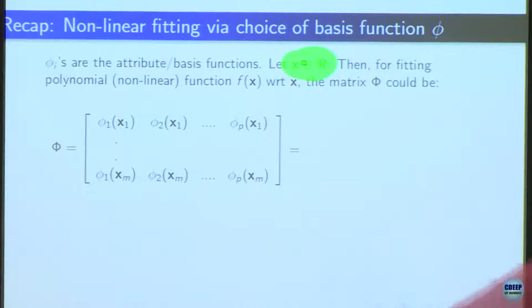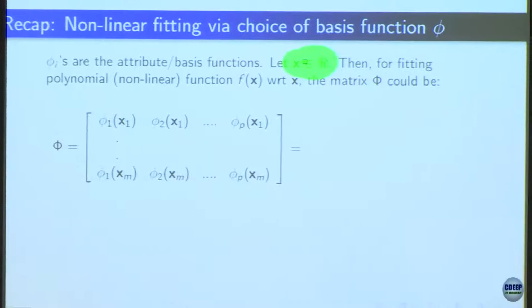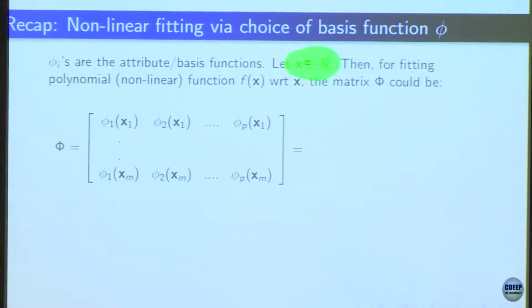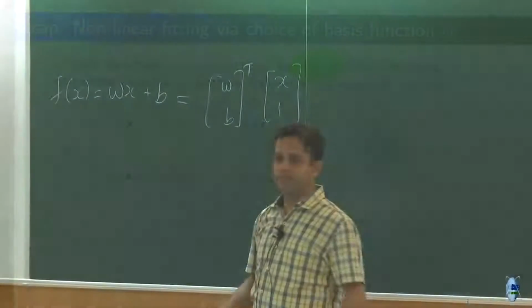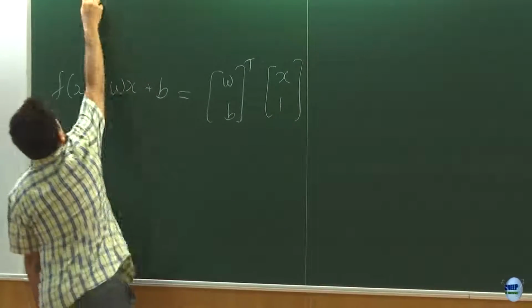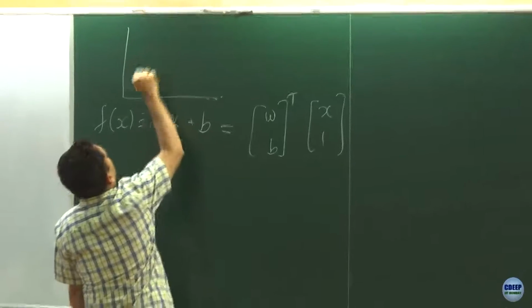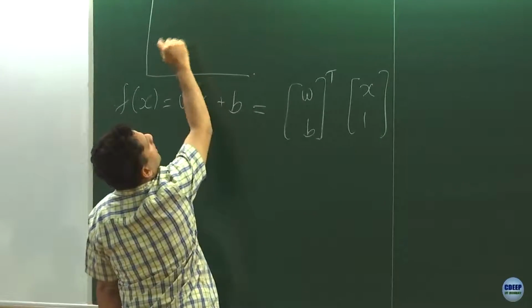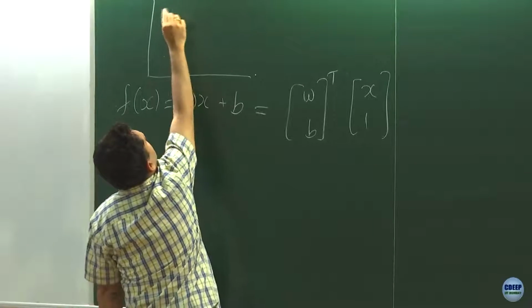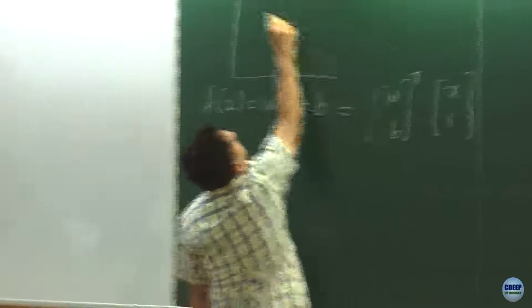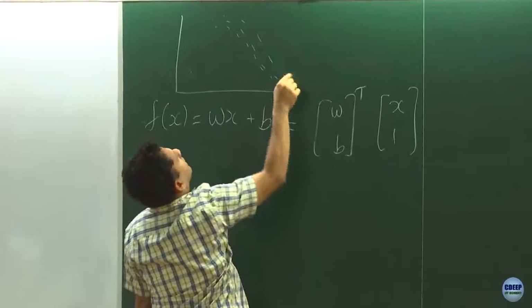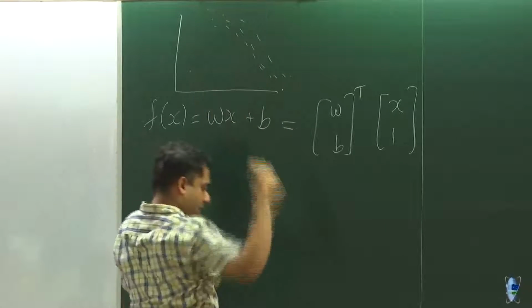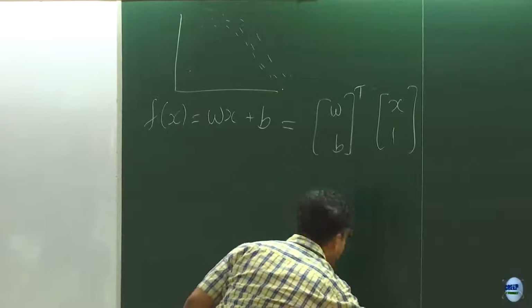If I tried f of x equals wx plus b, which is nothing but the dot product of w, b with x, 1, we basically get the linear fit that we began with. In fact, today I will take some sine function. So my linear fit will look like this.